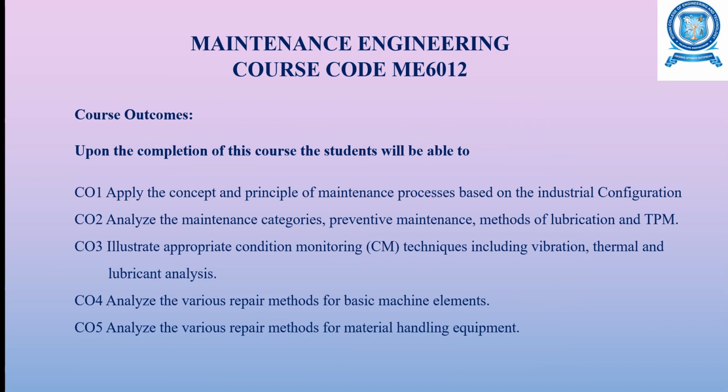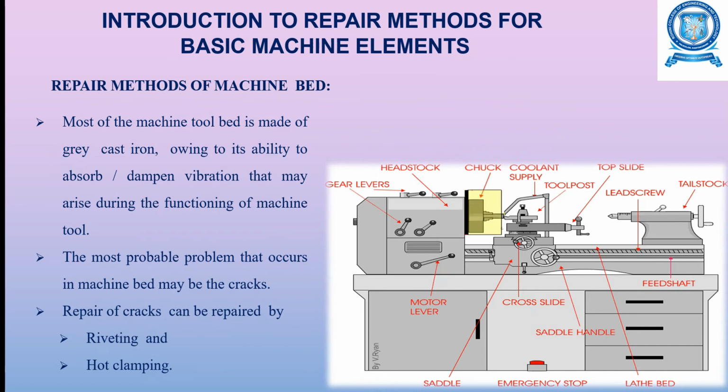And the students will be able to illustrate appropriate condition monitoring techniques, including vibration, thermal, and lubricant analysis upon completion of Unit 3. And the students will be able to analyze the various repair methods for basic machine elements on completion of Unit 4. And also the various repair methods for material handling equipments upon completion of Unit 5.